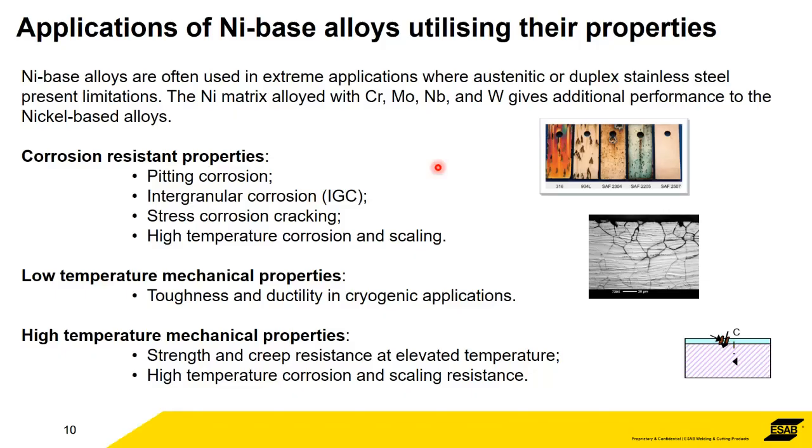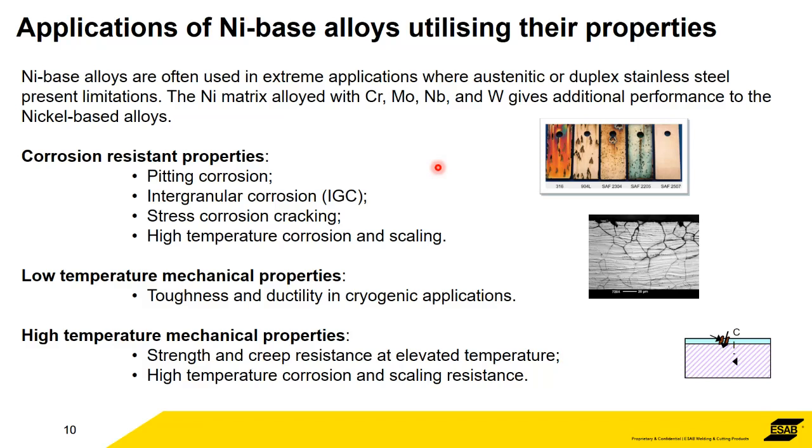Applications. What are the properties of the nickel-based fillers that we utilize, and why do we pay so much money and use these nickel alloys for special applications? Obviously corrosion resistant properties: resistance to pitting corrosion, intergranular corrosion, stress corrosion cracking, high temperature corrosion and scaling.